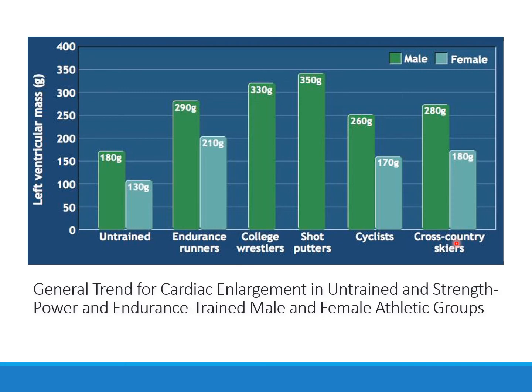We're also going to see that the mass, so what the actual left ventricle weighs, is going to be a little bit heavier in people who do more power or anaerobic activity than people who just do running or more aerobic training. And then you can see in untrained individuals, we see quite average size in ventricular volumes. So here's the athlete's heart versus an untrained heart.